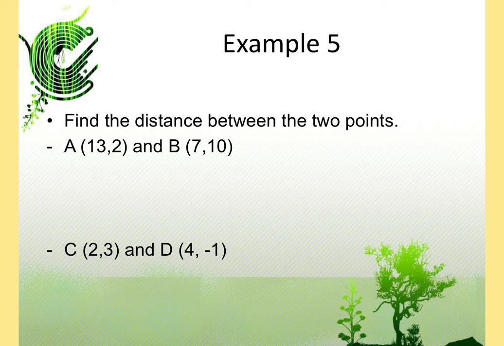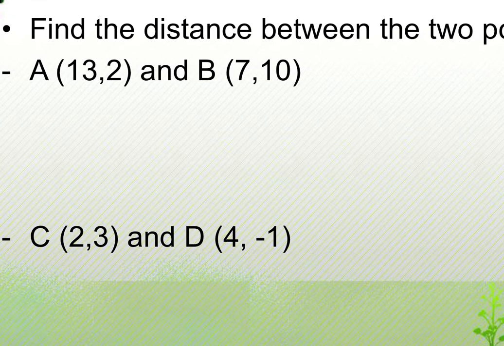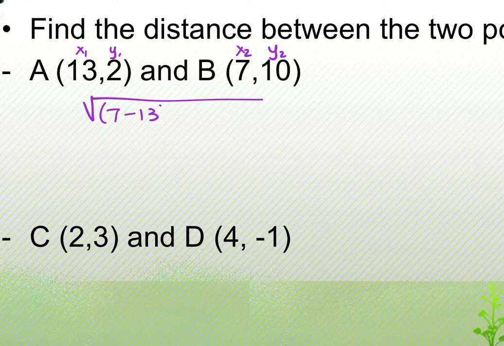Okay, find the distance between the 2 points. And again, it doesn't matter which ones we make x1, y1, x2, y2, as long as the numbers match within the parentheses. So I'm going to do the square root of 7 minus 13 squared plus 10 minus 2 squared.